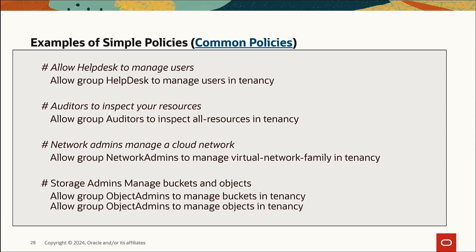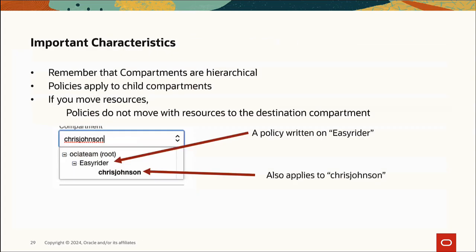That's the least privileged type of verb that we can use, and it allocates only inspect permissions on all resources in that tenancy. So they'll be able to, for example, list and see how many compute instances you have in a particular compartment, that kind of level of visibility into your tenancy.